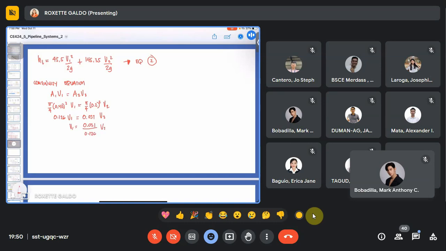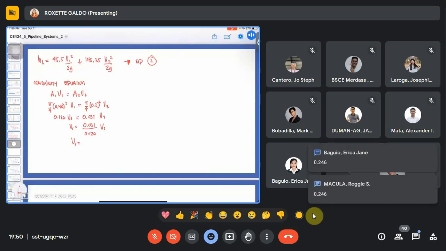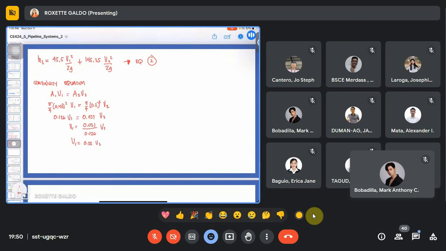So if we are to get V1 in terms of V2, it's going to be 0.031 over 0.126 V2. How much is 0.031 divided by 0.126? 0.246, or let us round that to two decimal places, 0.25 V2. V1 and V2 are still unknown. Let us call this equation 3.